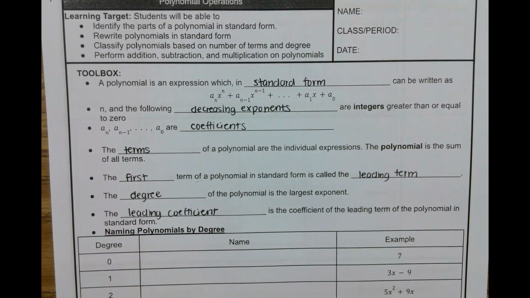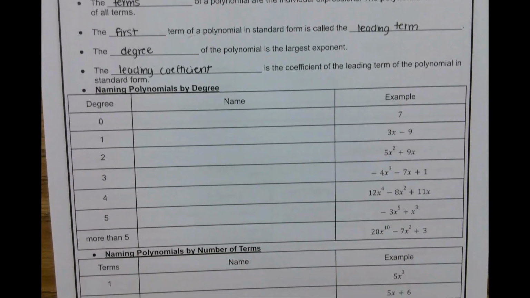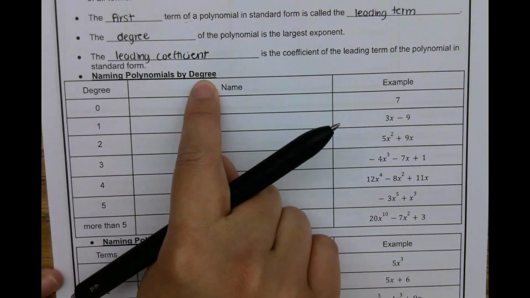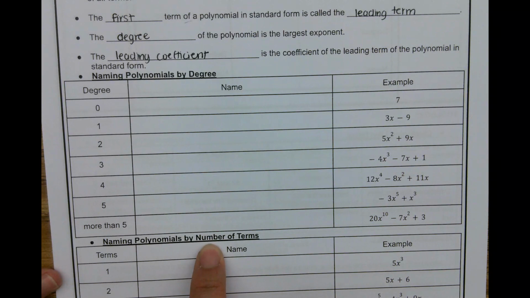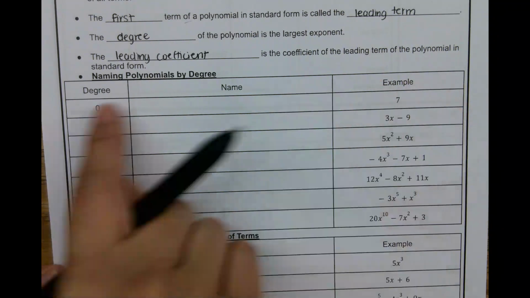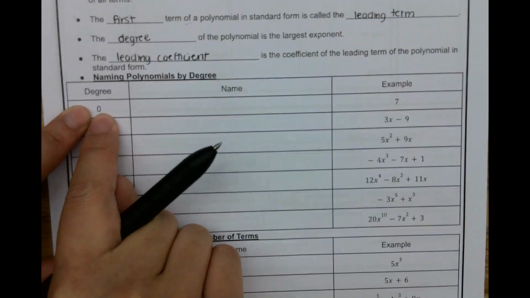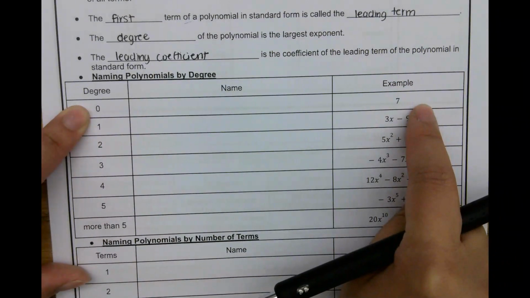Okay? So there are two ways in which we name our polynomial. One is by its degree, its exponent, okay? And the other is by the number of terms. Okay? So here's an example and then what we call it. When it's a 0-degree polynomial, what we end up having is just a number, right? So an example is like 7.